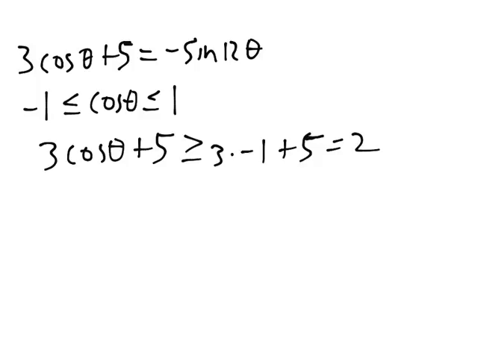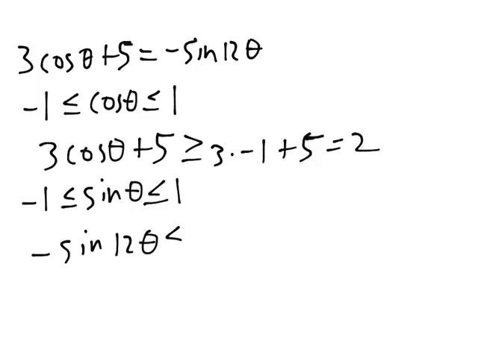We also know that minus 1 is less than or equal to sine theta less than or equal to 1, which means that minus sine of 12 theta has to be less than or equal to 1. Even though we have sine of 12 theta instead of theta, multiplying the angle by 12 is not actually going to change the amplitude of this function, so we still know that it's less than or equal to 1.